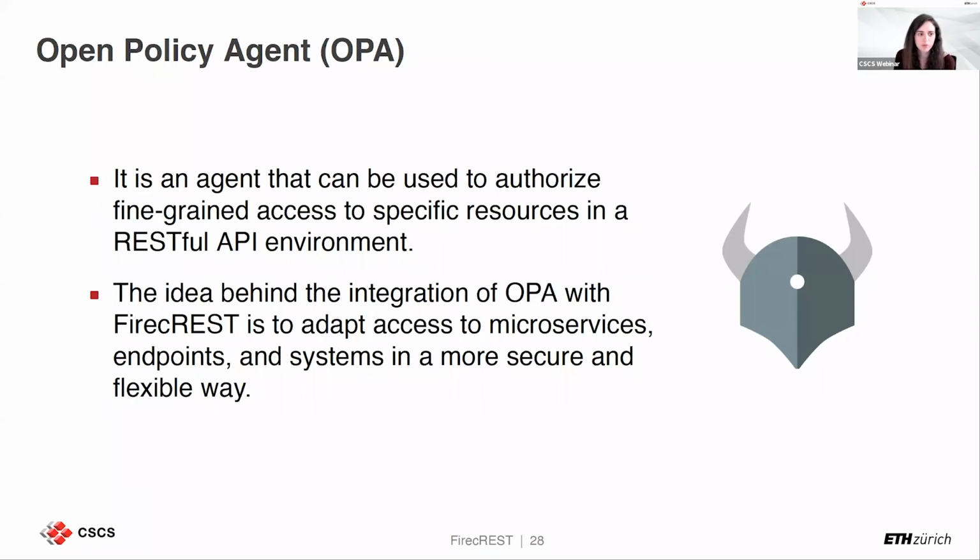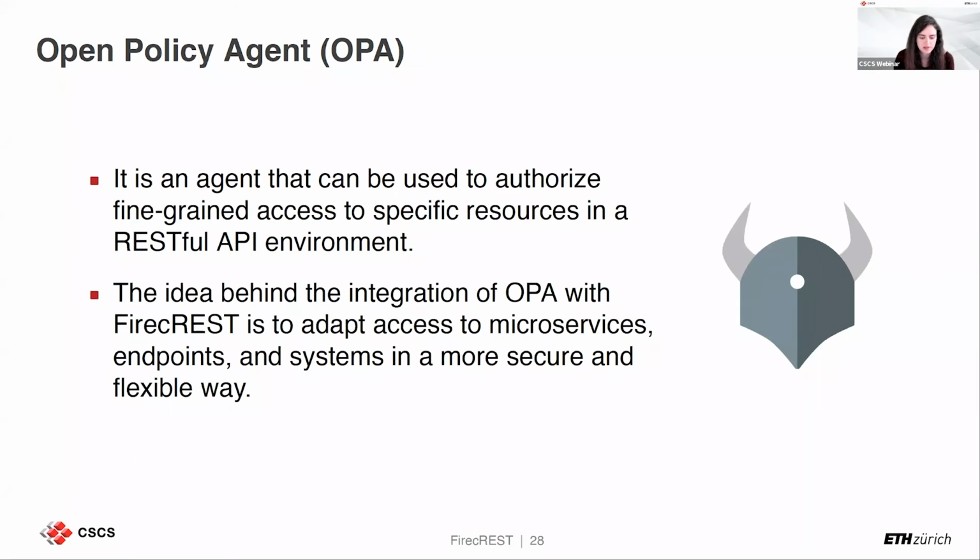A different component that can be used with FirecREST is OPA. OPA is an agent that can be used to authorize fine-grained access to specific resources in the API. For now, the way we use OPA with FirecREST is to limit access to the TDS environment.